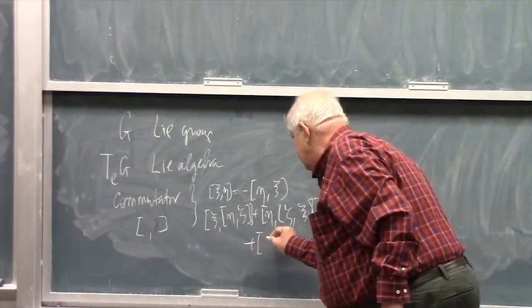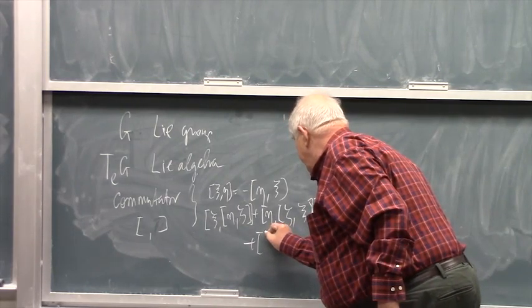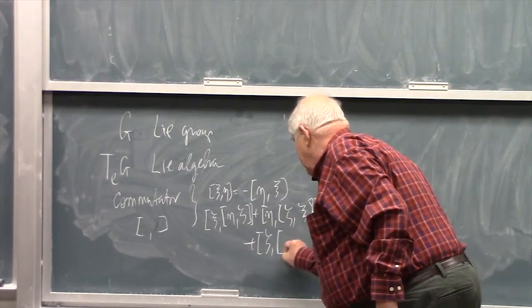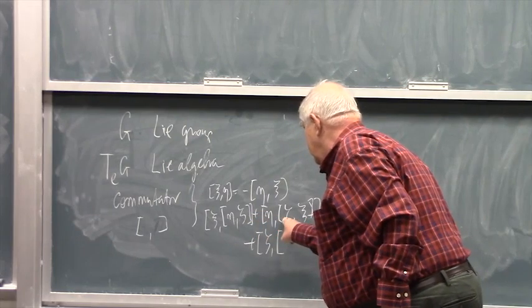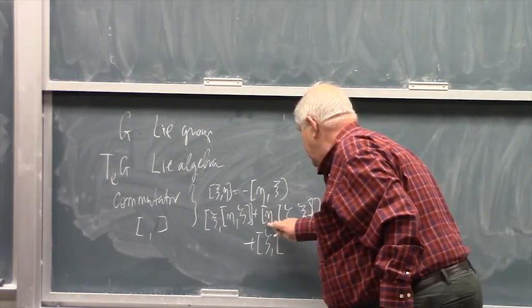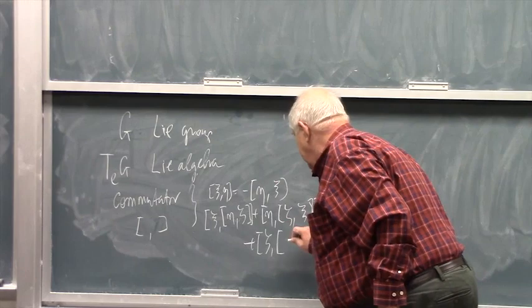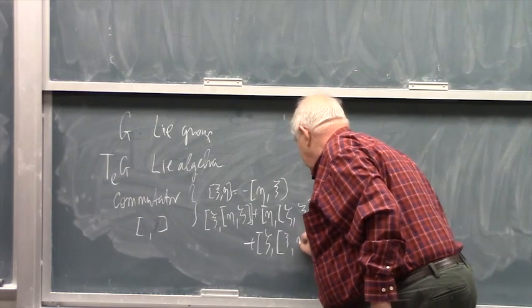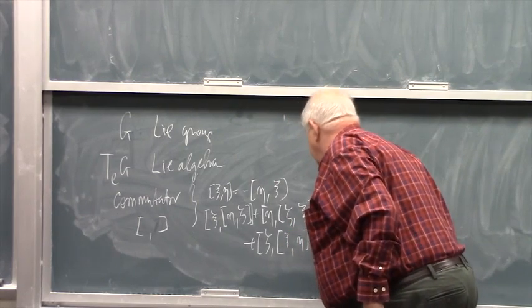This is how it looks like: the cyclic sum of the commutators of zeta, eta, and xi is 0.